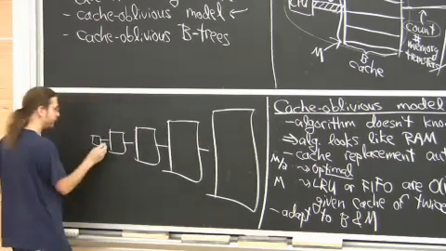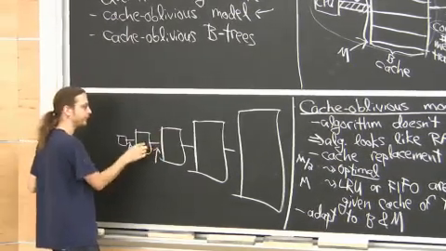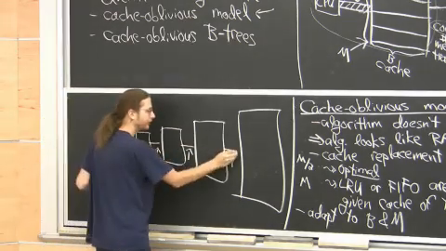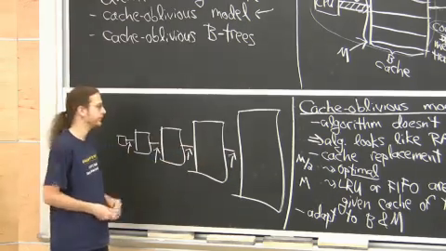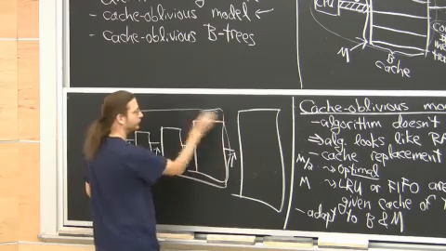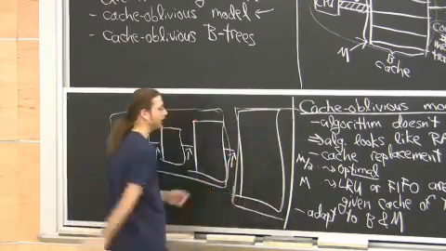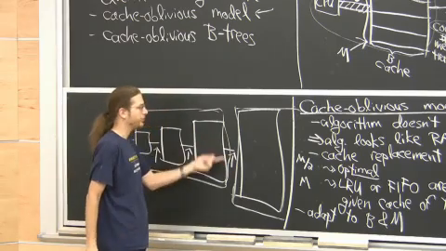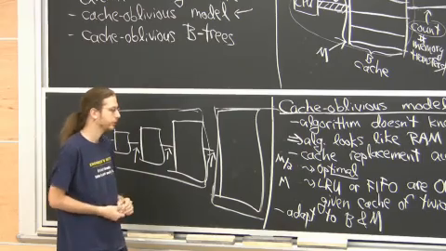You optimize the number of memory transfers between these two levels, between these two levels, and between these two levels. So you optimize everything. If you just think of this as one big level versus all the levels to the right, then that has some B and some M, and you're minimizing the number of memory transfers here.